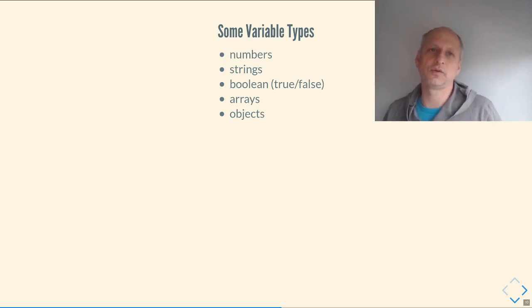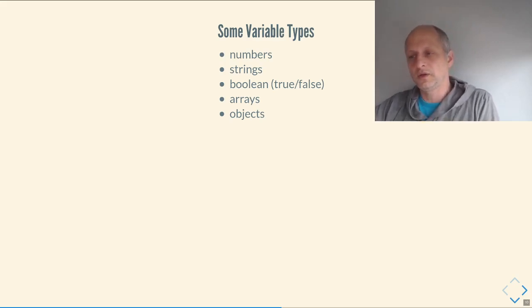For Booleans, you write out the word true or false without quotation marks. You'll remember doing this from JSON in the very first assignment. Arrays are lists of items, and we're about to talk about them, and objects are more complex, and we'll talk about those in a later lecture.